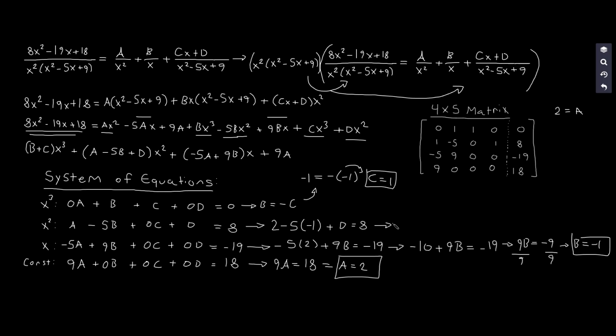And then this is going to turn into 2 plus 5, plus d equals 8. Equals 5, is going to be 7 plus d equals 8, and that means that d equals 1.